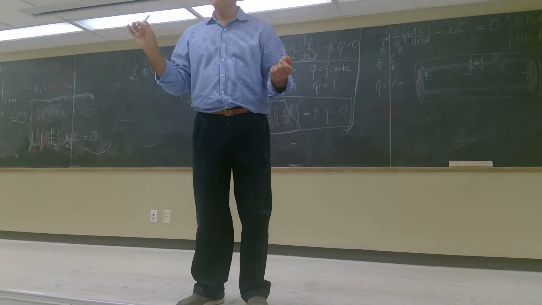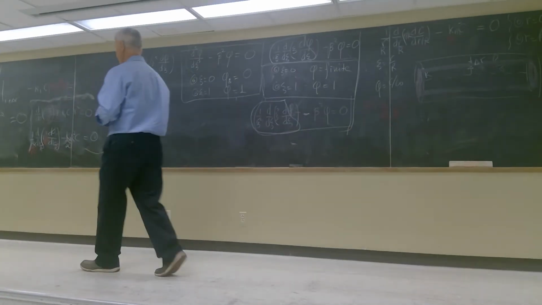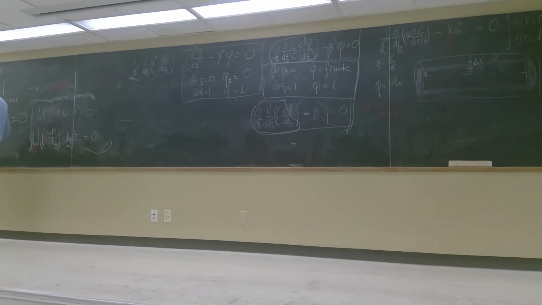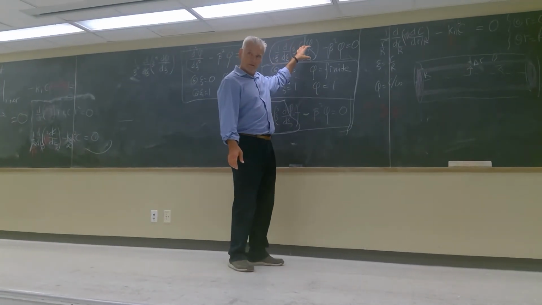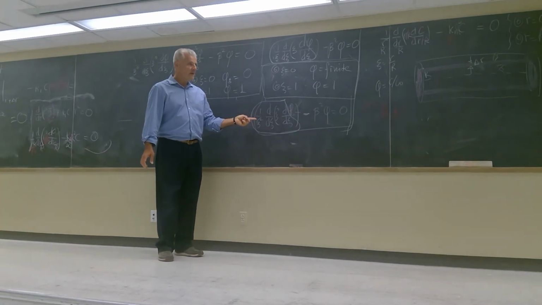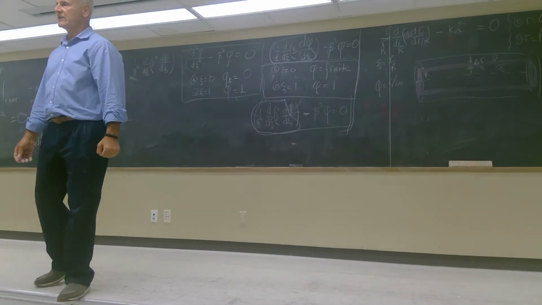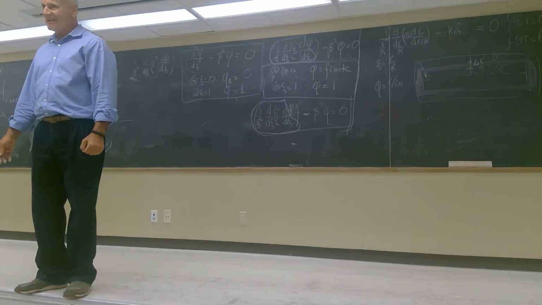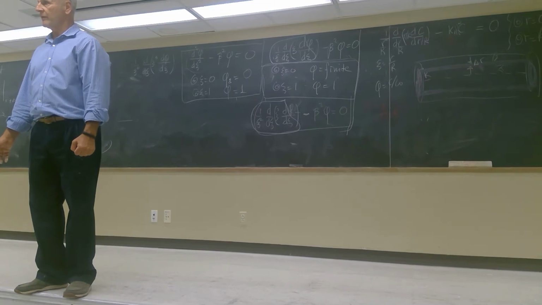It looks different for cylindrical coordinates, it looks different for spherical coordinates. Now, what I'm going to tell you is that both the cylinder equation and the spherical equation are part of the so-called Bessel differential equation. Have you heard of that name before?